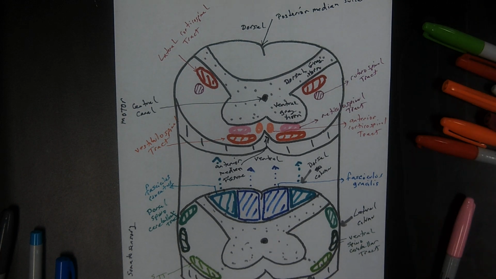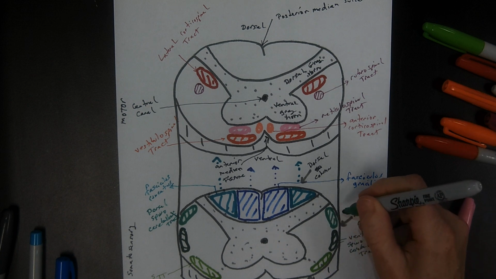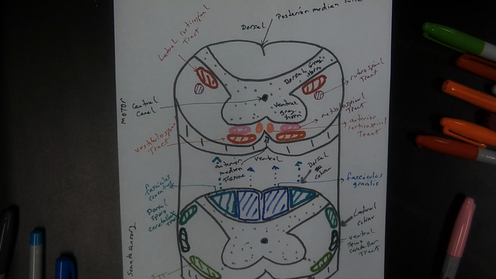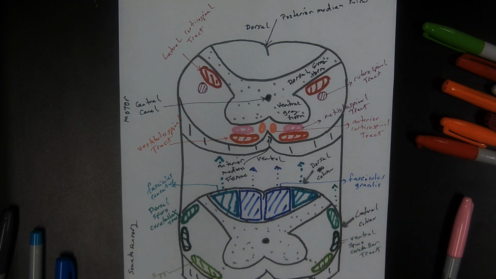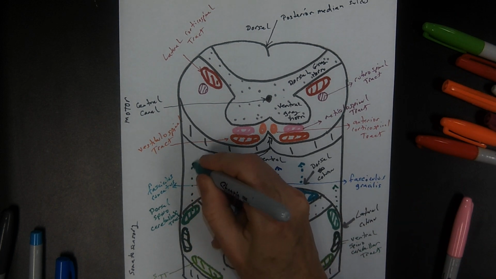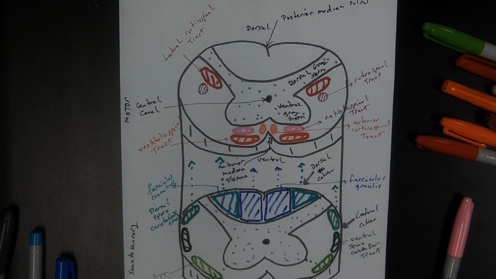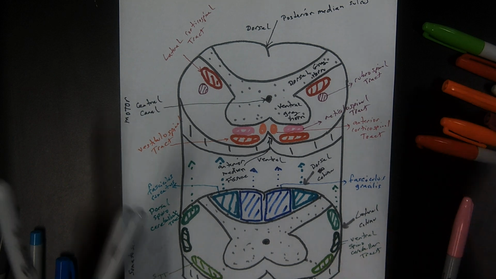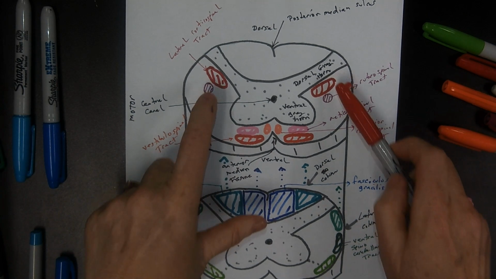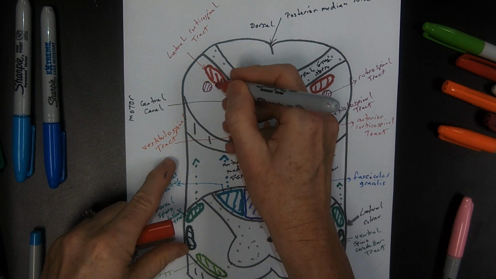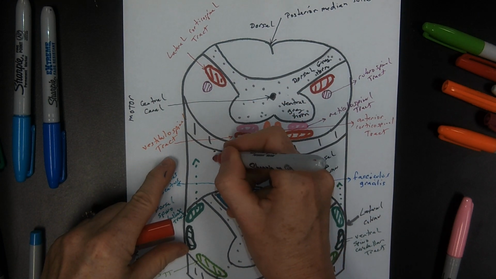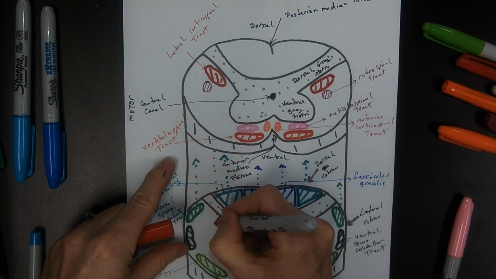And all of your dorsal spinocerebellar also traveling upward. Okay, and all the others, somatosensory information is coming from the outside and traveling up. And then conversely, all of your motor information is going to be traveling down. So this would be coming down, and it would be here.